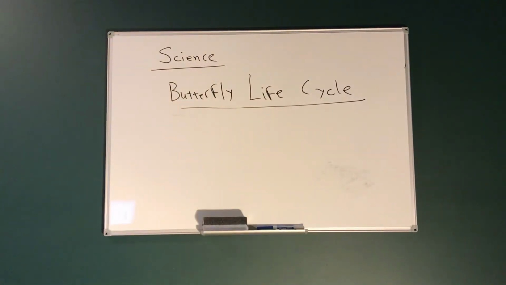So I want you guys to look up what the stages in a butterfly's life cycle are and put them in order from when it first is born to when it reaches its adult state. And once again, I want these answers recorded inside of Google Classroom so you can get full credit. Good luck, guys.